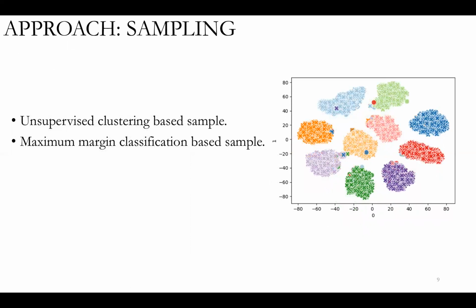We examine two ways in which items are included in the sample. For both of these techniques, we group the data based on the latent representation, and from each group, we select prototypes and outliers. For the first technique, unsupervised clustering-based sample, we utilize Gaussian mixture models. Gaussian mixture models are a probabilistic model for representing normally distributed subpopulation within an overall population.